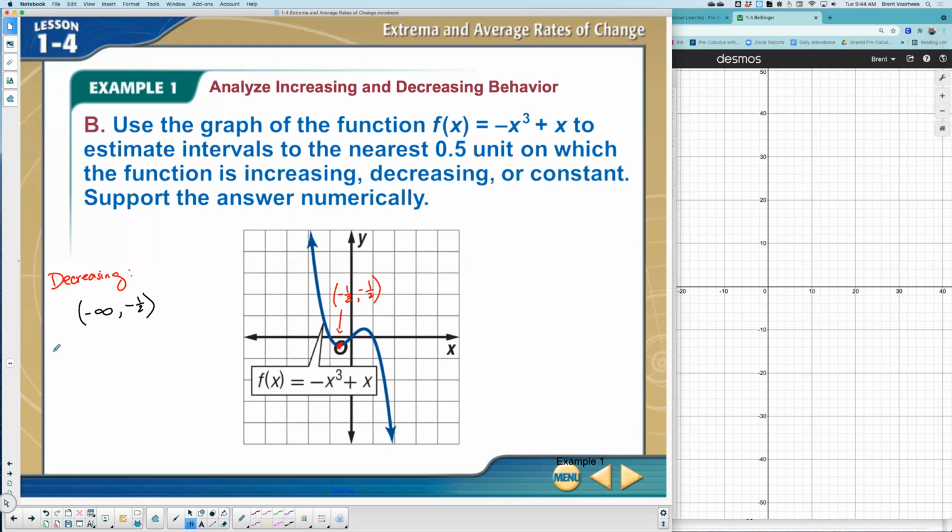Then we switch directions, which means we now are increasing. We increase from this point to this point here, which looks like a half to the right, half up. So +1/2, +1/2.